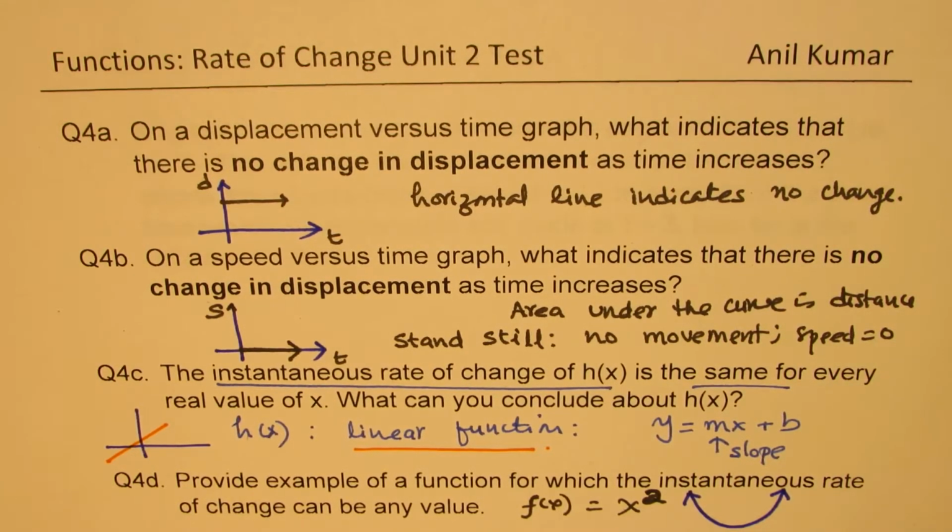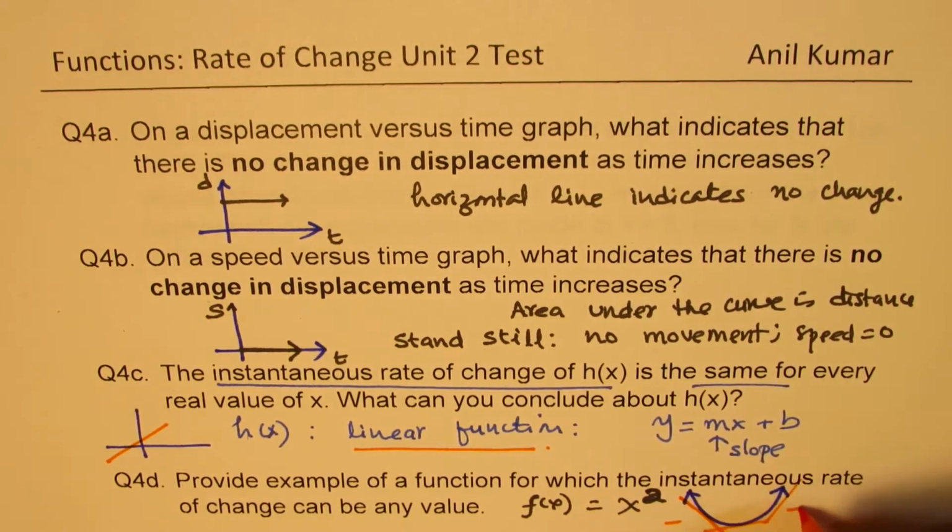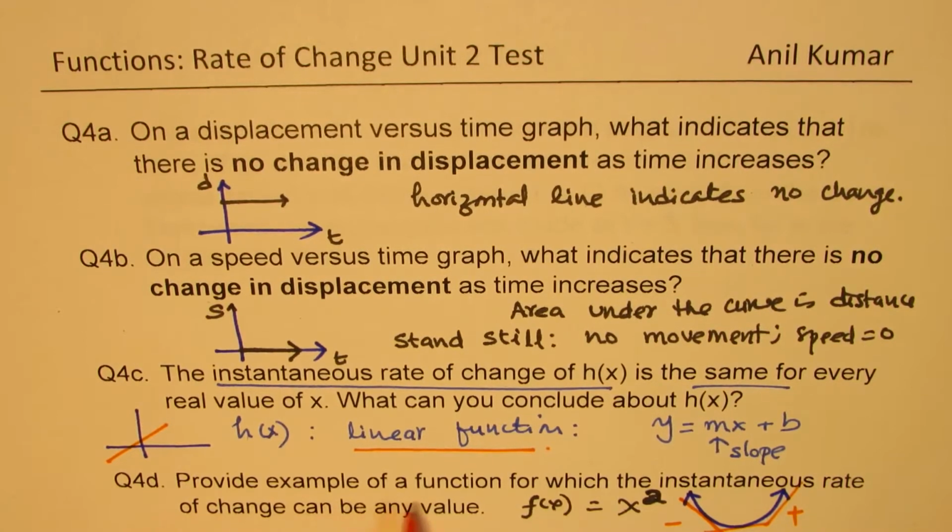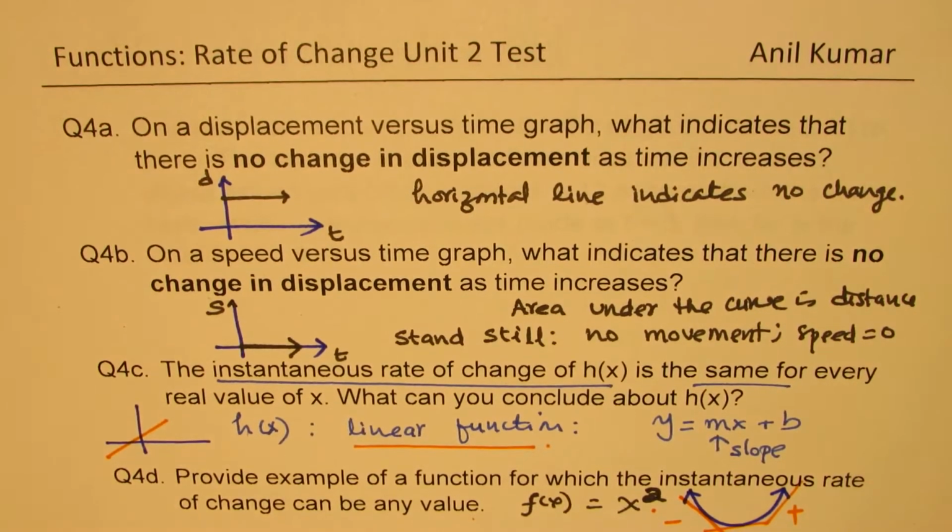So there are no restrictions. On the left side of the vertex, we have negative, and then we have 0, and then positive, correct? So the function is x squared, a common function where there is no restriction on the value of the instantaneous rate of change, right?